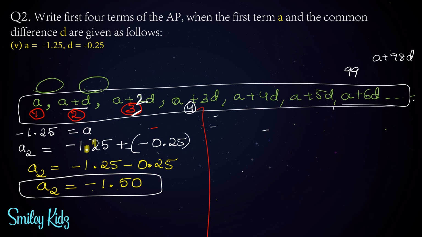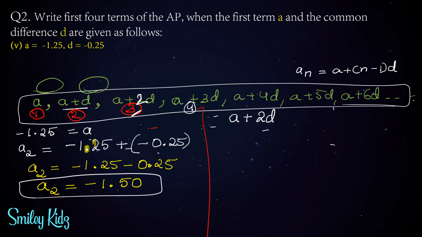You're just going to subtract 1 from whatever term number you would like to have. Now here, I want my third term. So the third term will be A plus 2D. As simple as that, isn't it? Basically, the formula is AN is equal to A plus N minus 1 into D. We are just applying this formula and trying to find out.